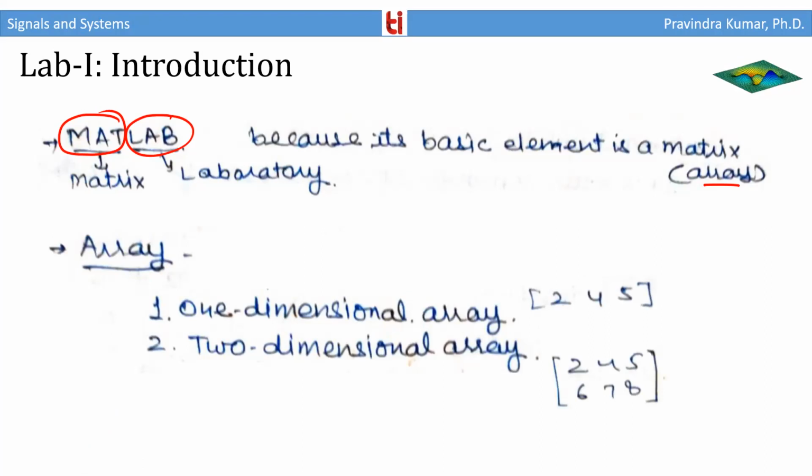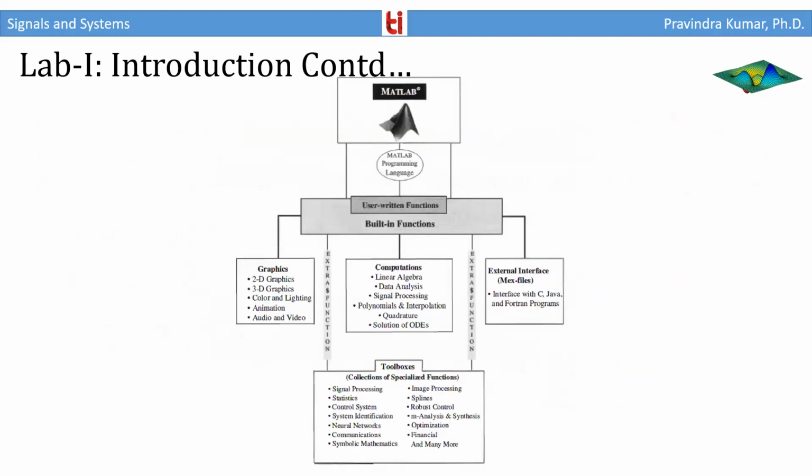A row or column of numbers is a one dimensional array, which basically represents a vector, and numbers arranged in rows and columns are two dimensional. In MATLAB there are some built-in functions, or you can write your own function and it will work as a built-in function.